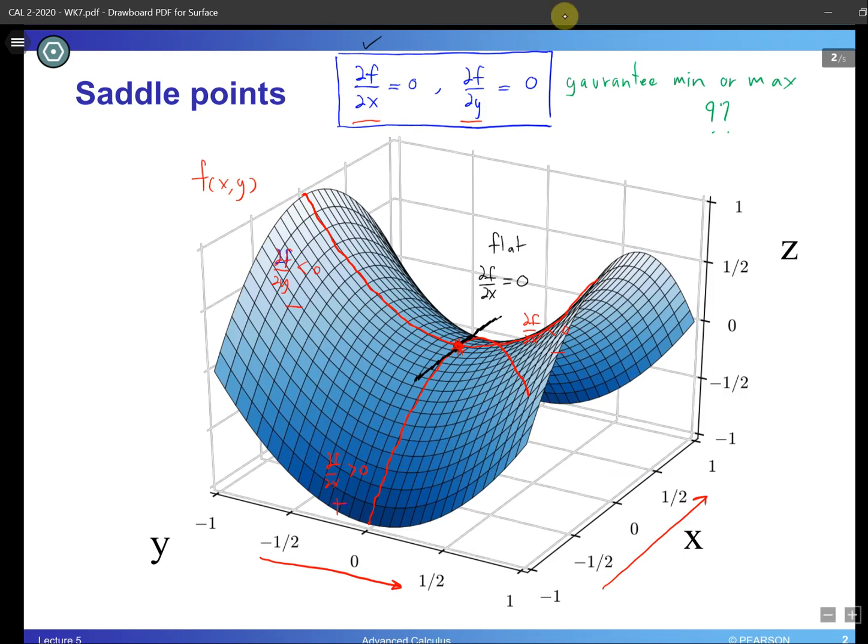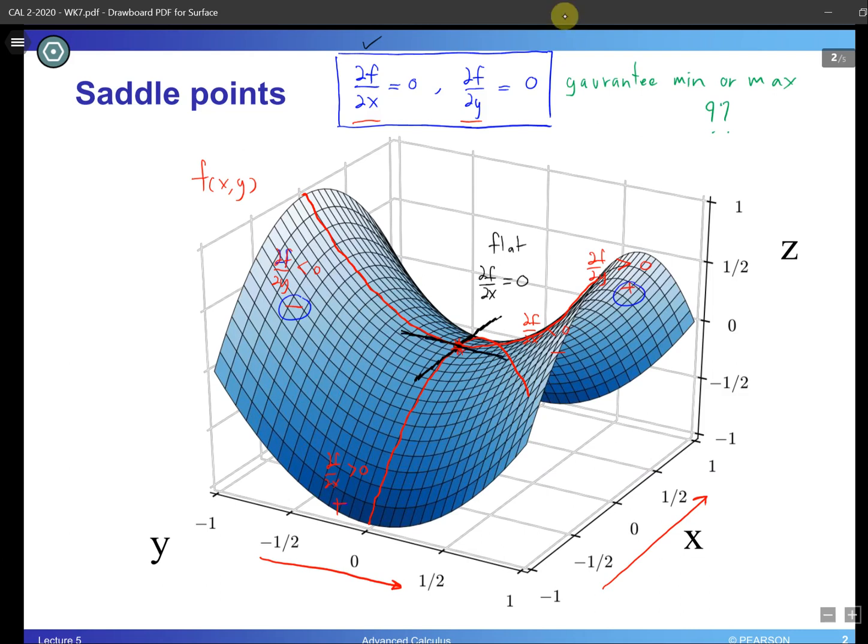So for this case, df by dy is going to be greater than 0 or positive. So there you go, we have this transition from negative to positive. It means that there must be a point that connects them together right in the middle. So we have this right here, df by dy equal to 0, changing from negative to positive.